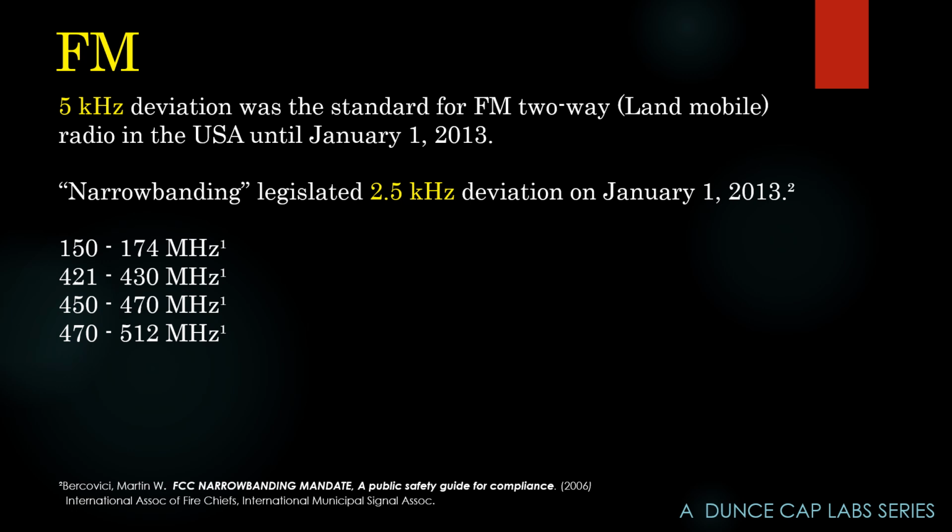The 700 and 800 megahertz bands were not narrowbanded because they use analog and digital trunking technology that already makes things more efficient. And down on low band from 30 to 50 megahertz, well, that band is so quiet, nobody cares about it. Nobody uses it hardly. So narrowbanding only applied to the 4 frequency slots I'm showing you here. I doubt ham radio will ever adopt 2.5 kilohertz because we really don't have a reason to.